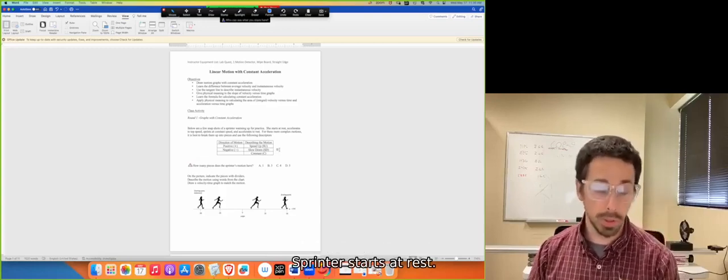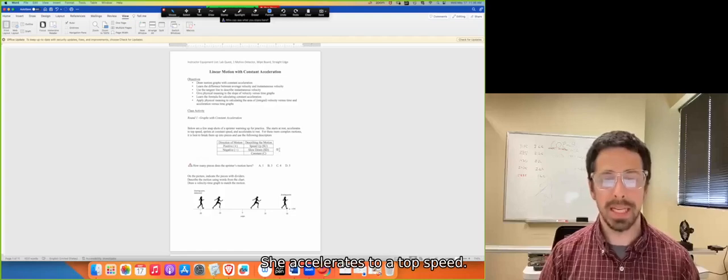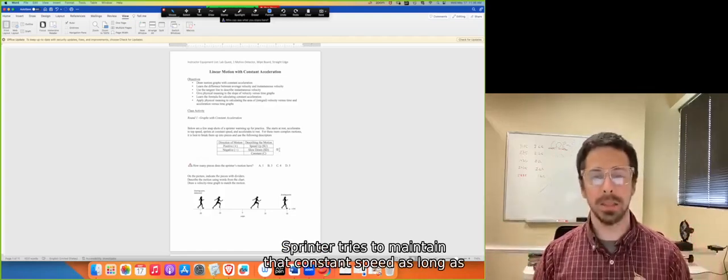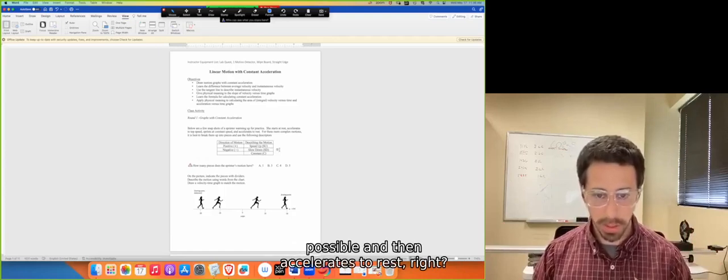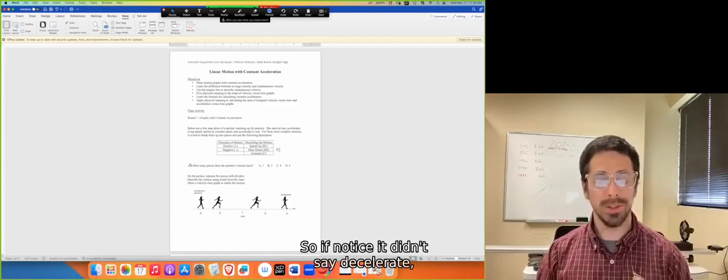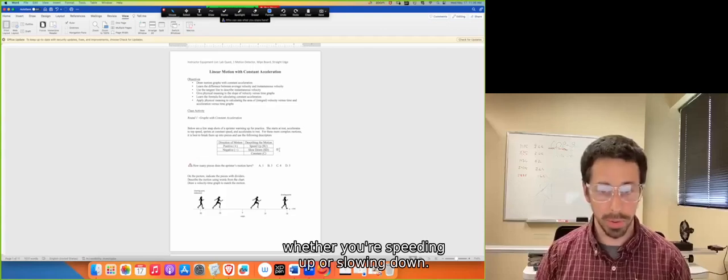The sprinter starts at rest. She accelerates to a top speed. The sprinter tries to maintain that constant speed as long as possible and then accelerates to rest. So notice it didn't say decelerate, right? Your acceleration is changing velocity, whether you're speeding up or slowing down.